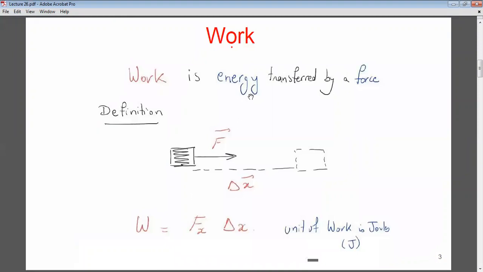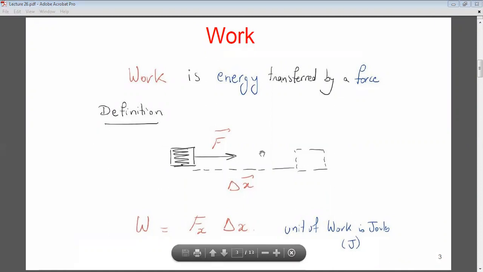Work is energy transferred by a force, okay? So if we have an object and there is a force applied on it, and this force lets the object move a distance delta x, then the work done on the object by this force is Fx delta x, where Fx is the projection of the force F on the x-axis, okay?